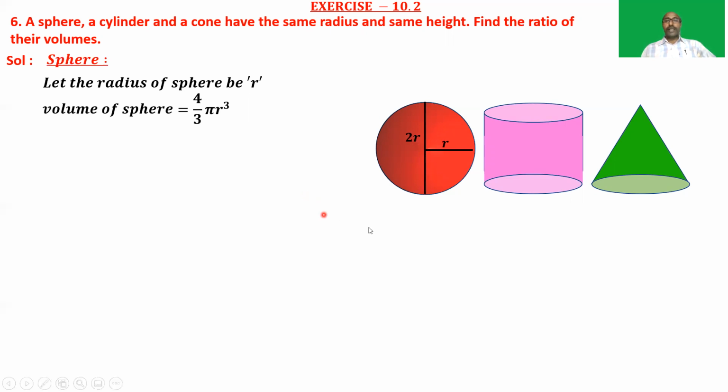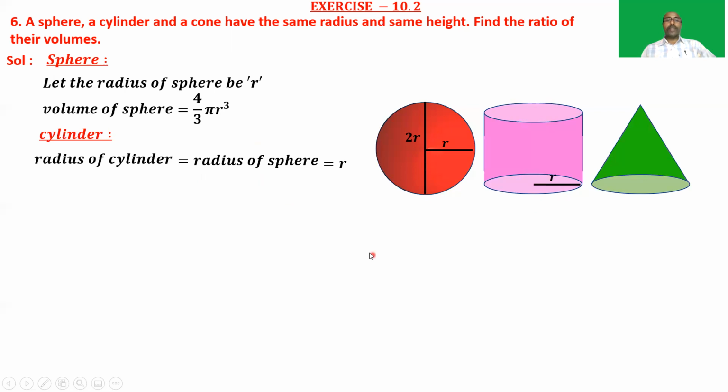Next consider the cylinder, and we know that the radius of the cylinder is the radius of the sphere, as we have taken it r. So the radius of the cylinder is r. Now the height of the cylinder is equal to the height of the sphere, that is the diameter of the sphere, which is equal to 2r.